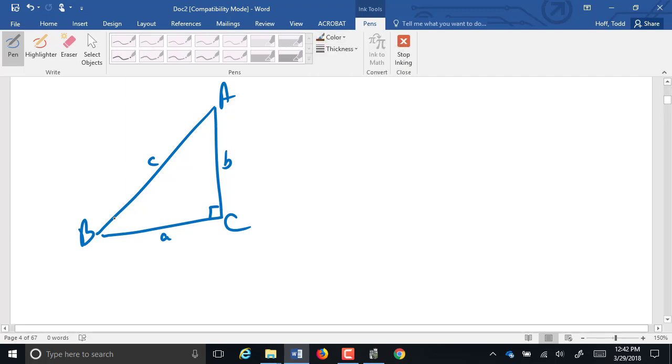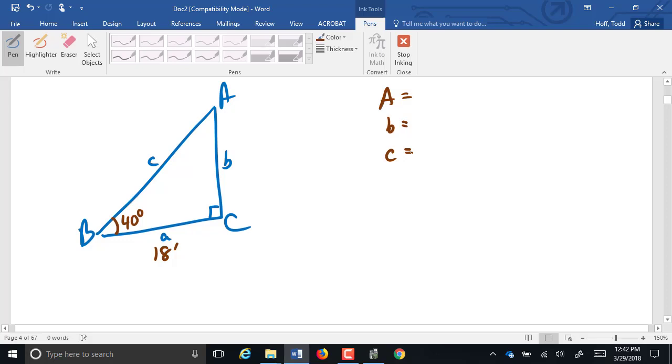If I tell you that B is 40 degrees and that little a is 18 feet, I need to find angle A, side little b, and side little c.